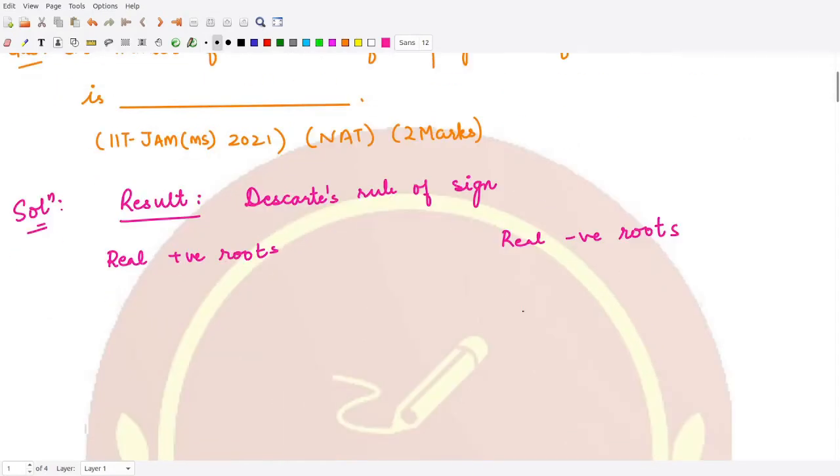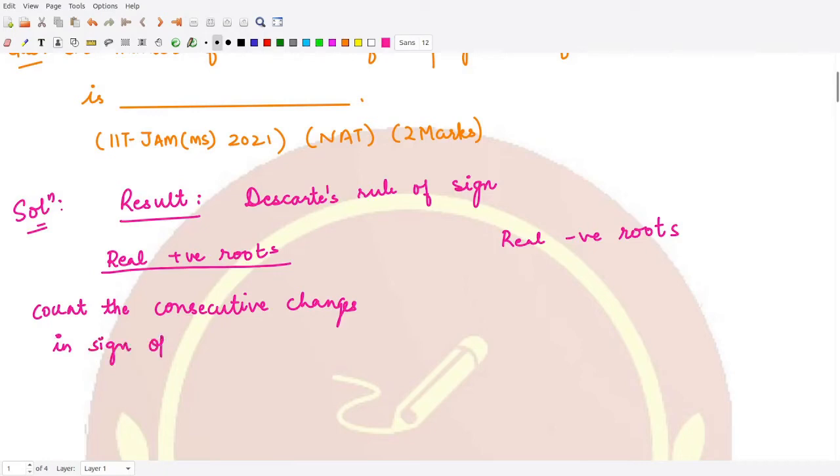Whenever we are looking for the real positive roots, we have to count the consecutive changes in sign of the given polynomial f of x.